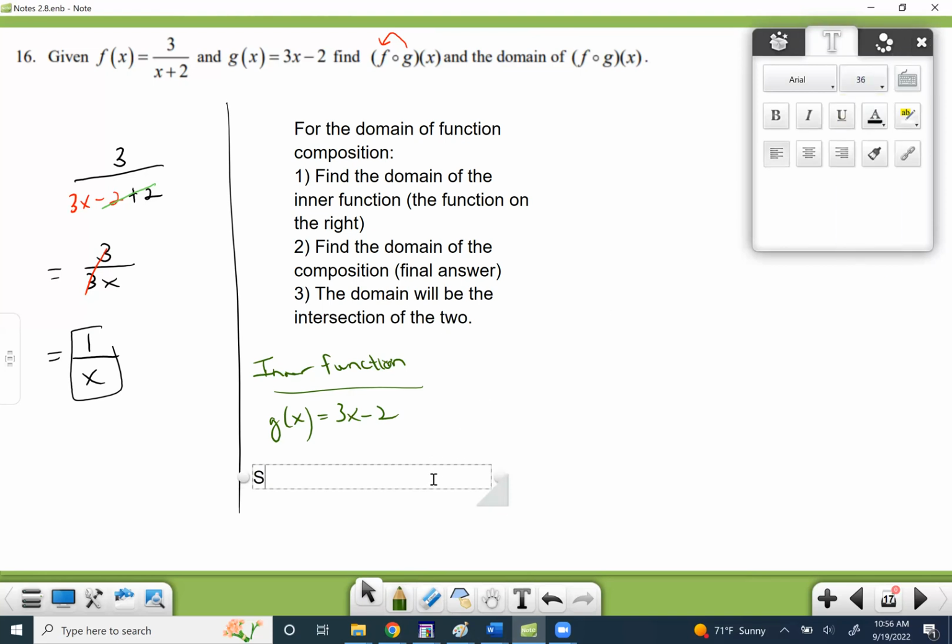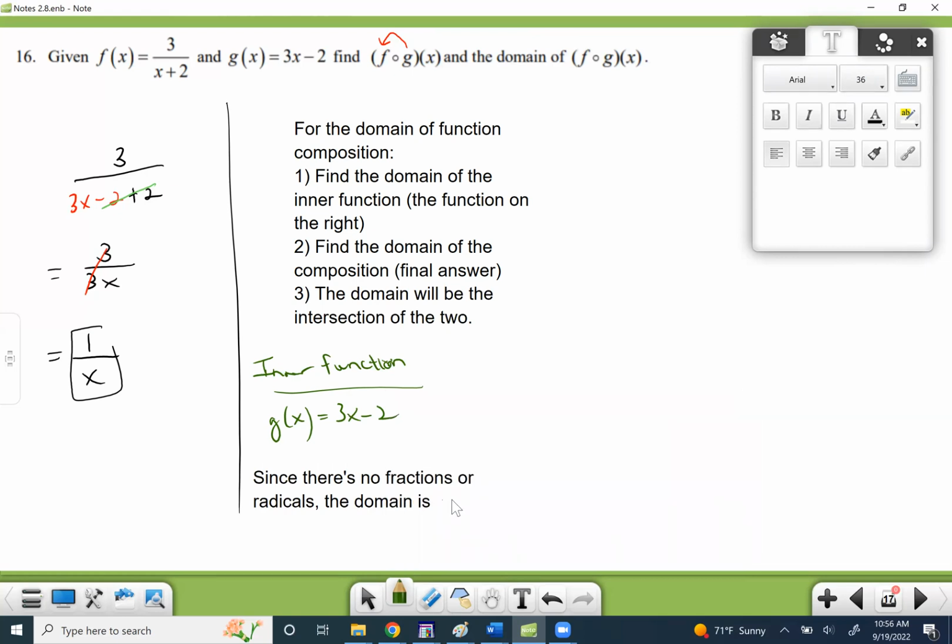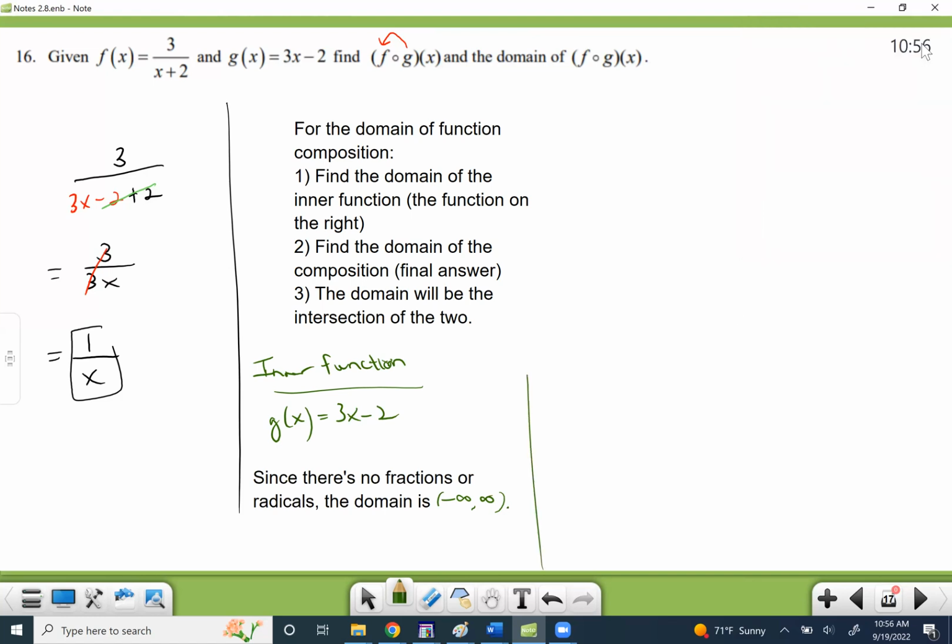Since there's no fractions or radicals, the domain is -infinity to infinity, and I'm just going to handwrite that in. Okay. Now let's go and get the final answer, composition, right?